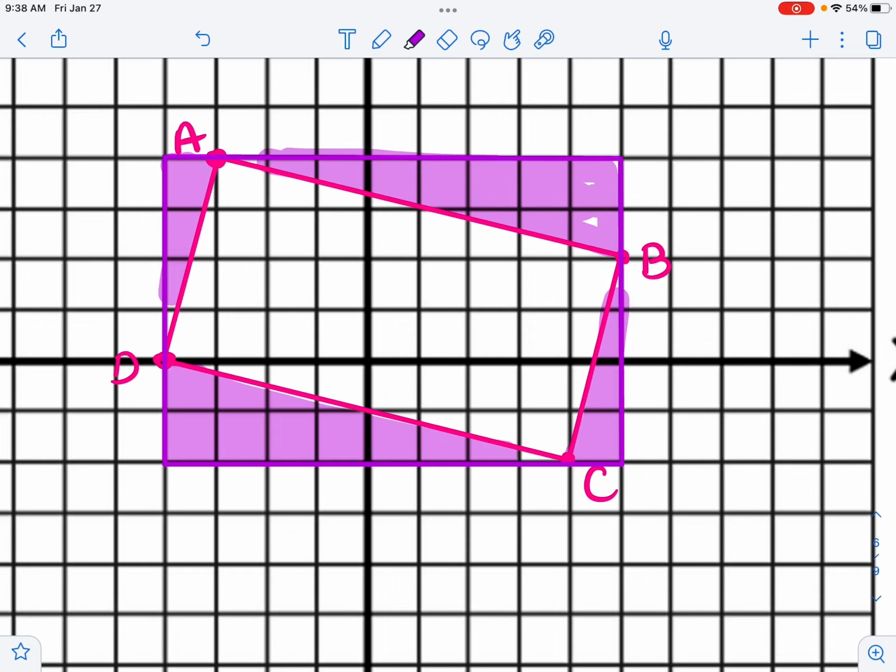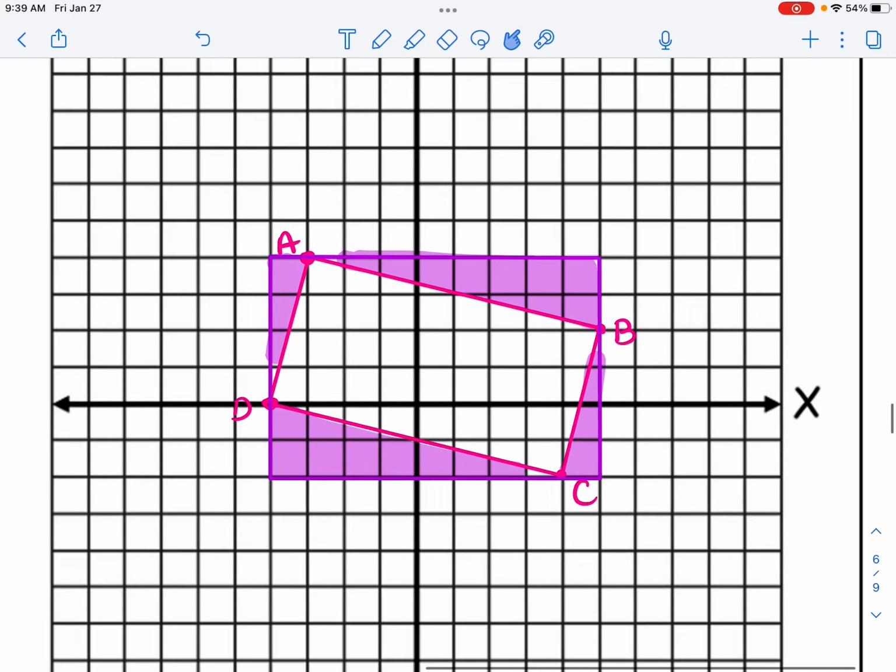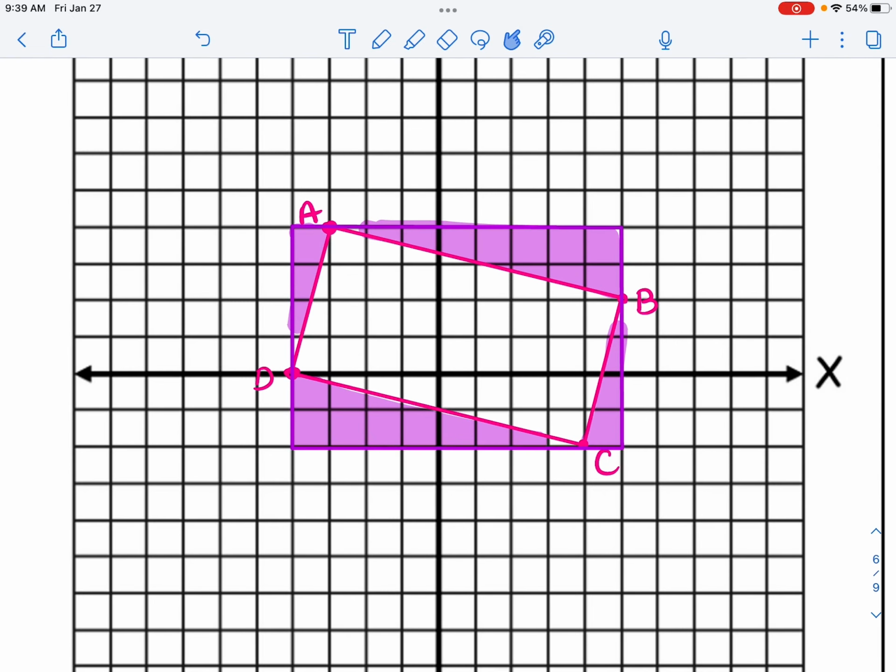So our strategy is this. We're going to find the area of the big rectangle. We're going to find the area of these surrounding triangles, and I'm going to number them just so we can keep track of which one's which. Doesn't matter which one you number. And then we're going to subtract those values. It's basically turning this into a shaded area problem. We find the area of the rectangle. We find the area of the surrounding triangles.